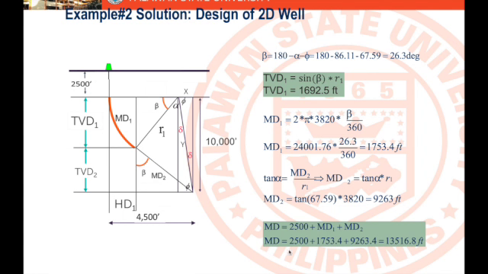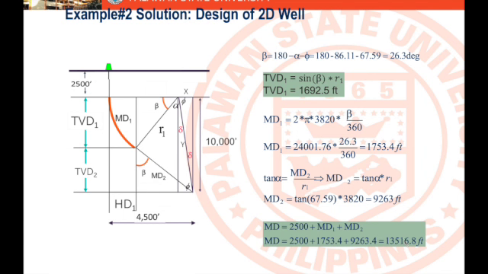So doing the math, we have 2,500 from our surface to kickoff point. The arc or measured depth 1 is 1753.4 feet. And measured depth 2 is 9263.4 feet. And that gives us a total of 13,516.8 feet. This is our total measured depth.